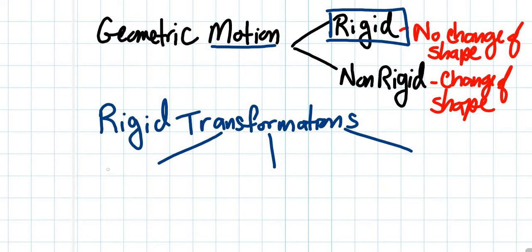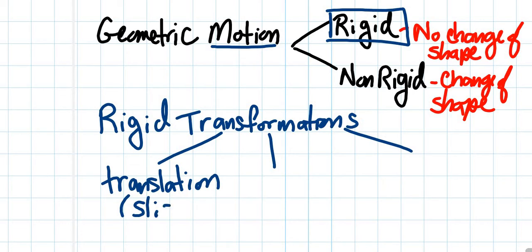One of them is called translation. Now, I'm going to give you both the technical name and then like an American slang for it. So the technical name, translation. The slang is going to be slide. Then you have something called reflection.